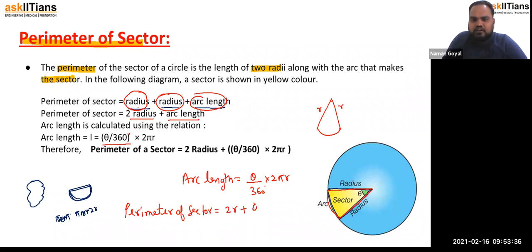So 2r plus theta upon 360 degrees into 2 pi r. You can take 2r common also. You can make modifications, but the basic concept behind this topic is that you have to add the arc length to twice the radius. Are you getting my point? So this is the perimeter of that sector.